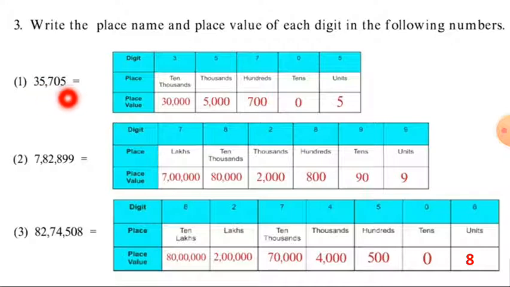It is 35,705. Then you will write the places. Now 3 is at which place? 10,000 place. 5 is at 1,000 place. 7 is at 100 place. 0 is at tens place and 5 is at unit place.